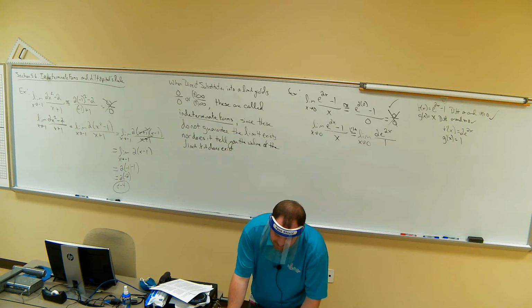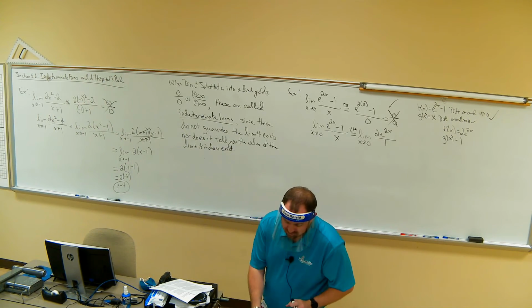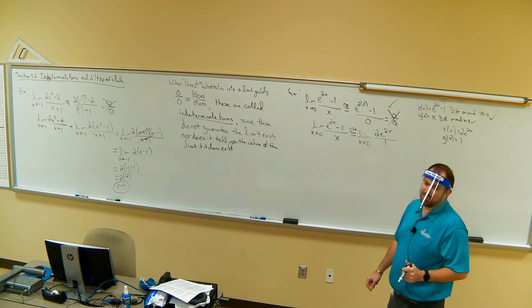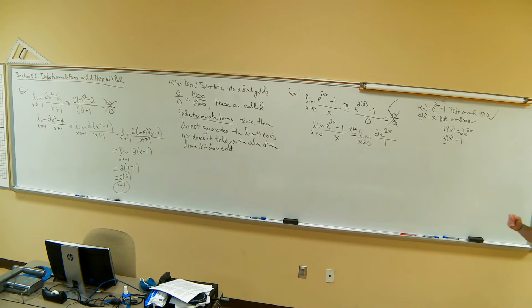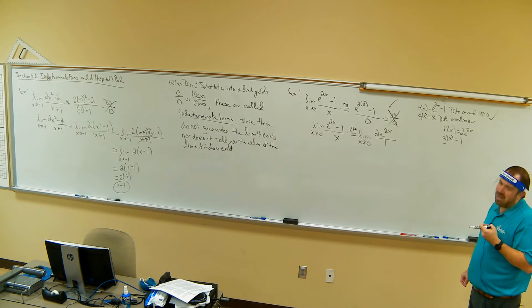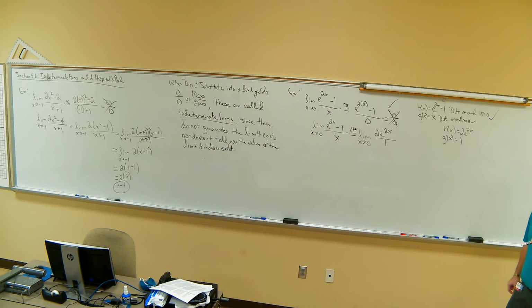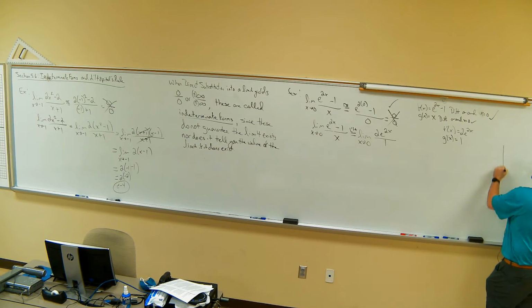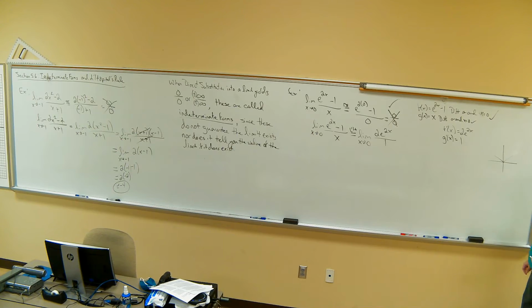A lot of times, the easy way to find out if something's differentiable is to ask yourself, is it continuous? Because remember, if it's differentiable, it's definitely continuous. The vice versa is not usually true, but it narrows it down a lot, because there are some continuous functions that are not differentiable everywhere. For example, the absolute value of x is not differentiable at x equals 0. But you know that because it has that sharp corner there.